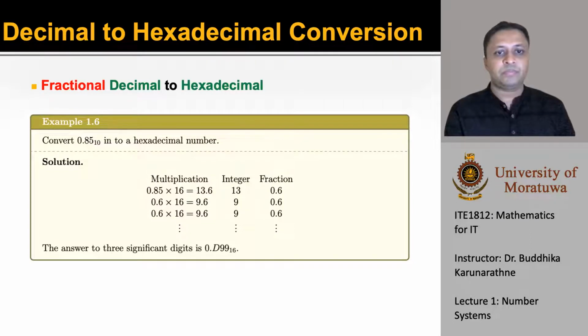What you do is you keep multiplying by 16, and you separate the integer part and the fraction part, and you write that as 0.D99, top to bottom. So why do you write D? Because the representation for the number 13 in hexadecimal format is D. Right. So that's fractional decimal to hexadecimal.